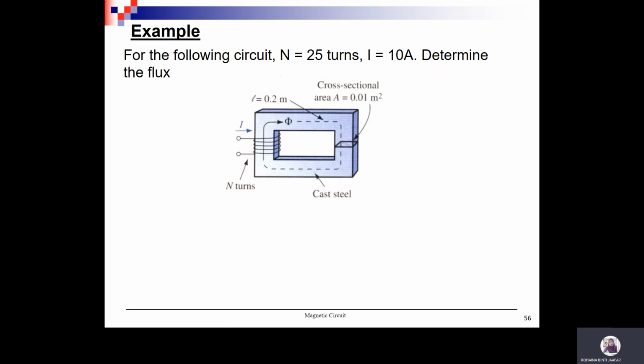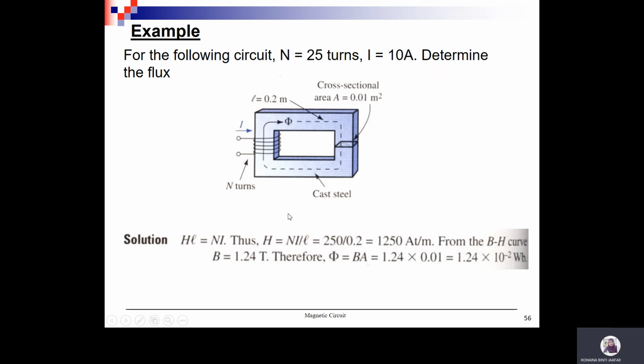For example, the following is given N equal to 25 turns and the current is 10 ampere. So this is your magnetic circuit.